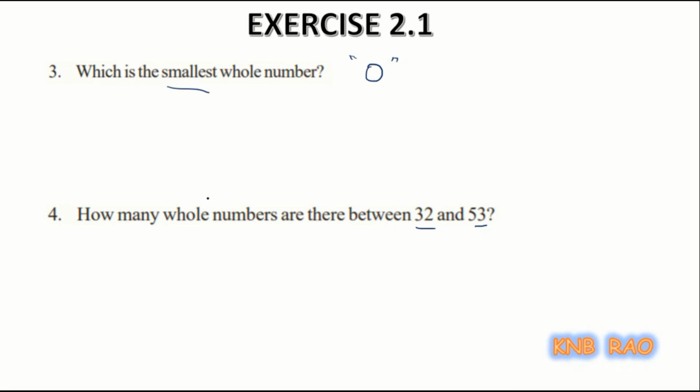Students, if you want to find the number of whole numbers lying between any two given whole numbers, it will be just a difference. So the difference of this will give us 11. Like when it comes to how many whole numbers are there between 3 and let's say 7, the difference between them will give us 4.